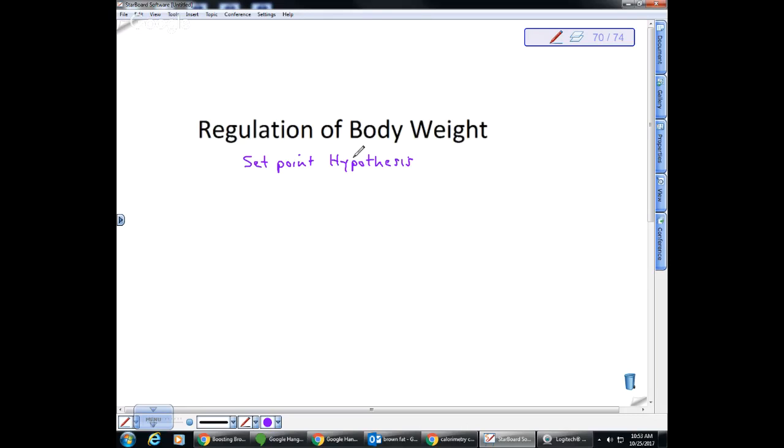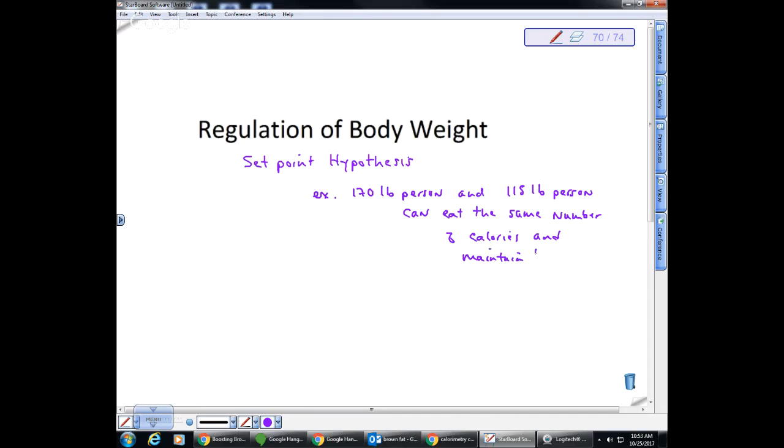And so this is the idea that, for example, a 170-pound person and a 115-pound person can eat the same number of calories and maintain their weight, if that is their set point.